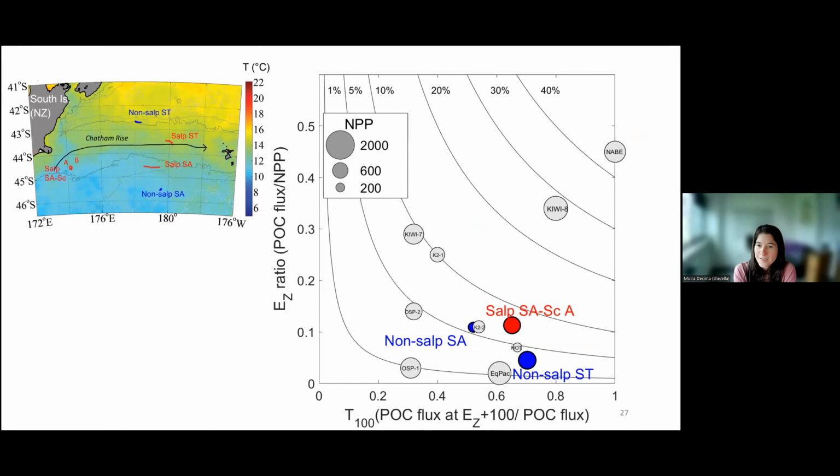This is our first Salp location, period B of the first one, and our second, and then our third. So you can see that as time has gone by, as the bloom has evolved, we are progressively enhancing that EZ ratio.